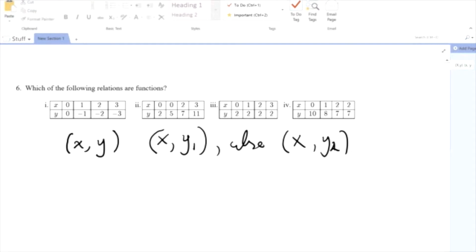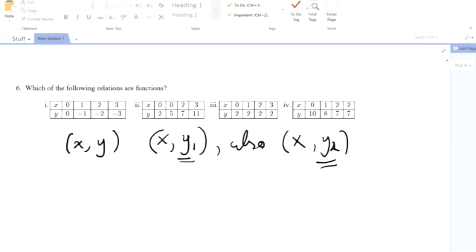We put x into the relation and we get a y1 one time, and we also put x in that same relation and we get another y. This means that this is not a function, it is merely a relation, because for a function, for every x value we should get one y value.